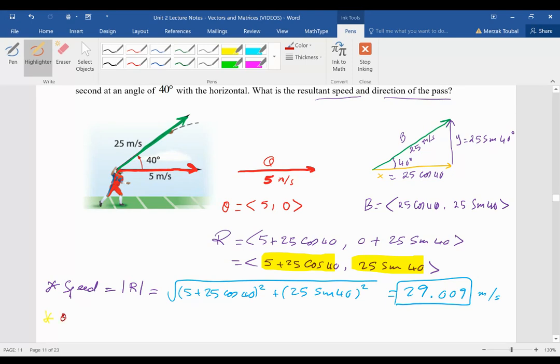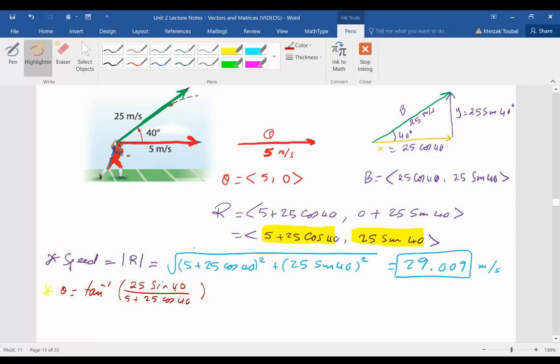Let's just write theta is tangent inverse, to save some time. So tangent inverse of 25 sine 40 over 5 plus 25 cosine 40. So we put this in the calculator and see what theta is. It shouldn't be a problem like we did before, theta prime and theta, because this is in quadrant 1. So it gives us the answer directly in quadrant 1.